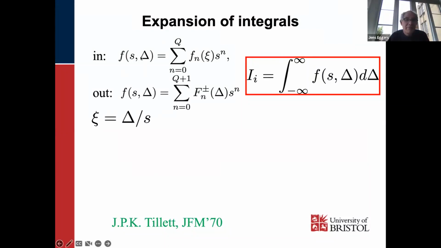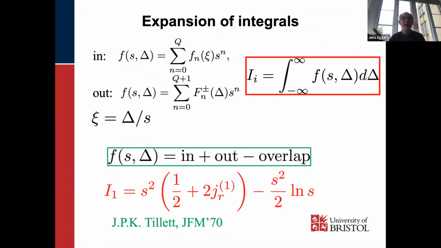There is an inner expansion which takes into account the center of the peak, for which I use this variable which I've introduced before, and I have another expansion that takes care of the wing of the tip, and I have to combine the two in a matched asymptotic expansion, and that gives me a typical result like that, where here I've already included the terms of next order. And it's perhaps of interest that you get a more complicated expression. You not only get the slope, but you also get the logarithm of the slope at the next order.